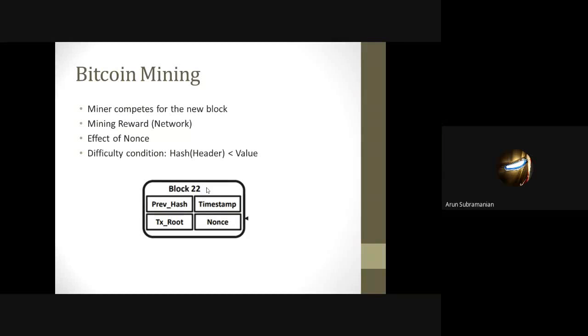In 2009, a successful creation of a block was given 25 bitcoins for every successful block. But now it has been reduced to 12.5 bitcoins. For every 4 years, they are reducing the reward by half. So in 2009 it was 25, now it has reduced to 12.5, and in future it will be reduced to 6.25.